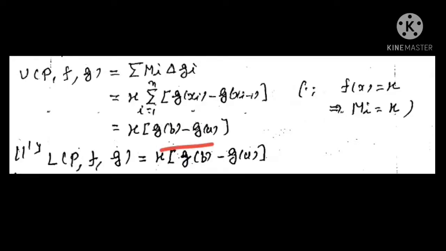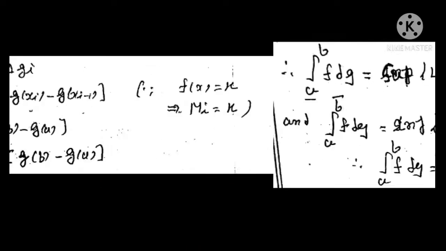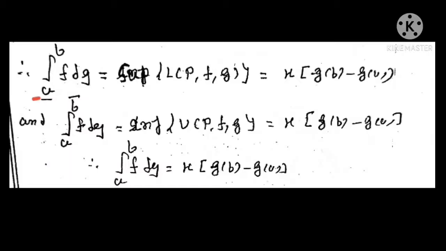In the same way, the lower sum of f with respect to p and g is equal to k into g(b) minus g(a). Now the lower integral is equal to the supremum of the lower sum of f with respect to p and g, which is equal to k into g(b) minus g(a), and the upper integral is equal to the infimum of the upper sum of f with respect to p and g, which is equal to k into g(b) minus g(a).